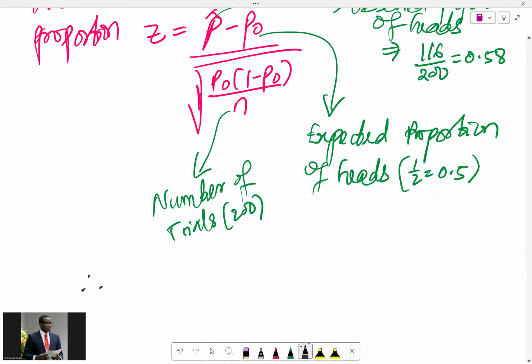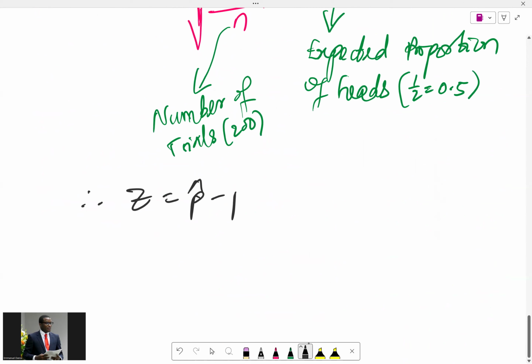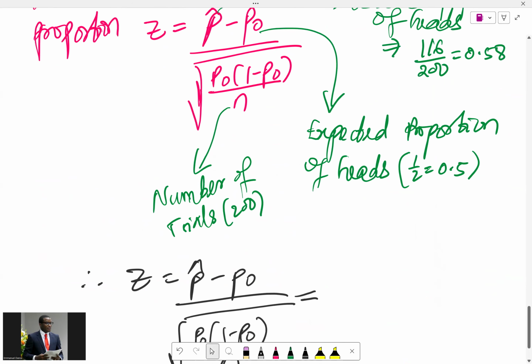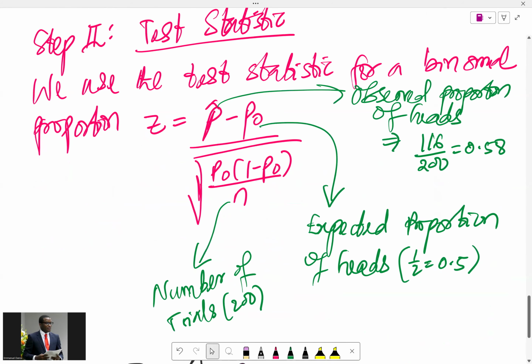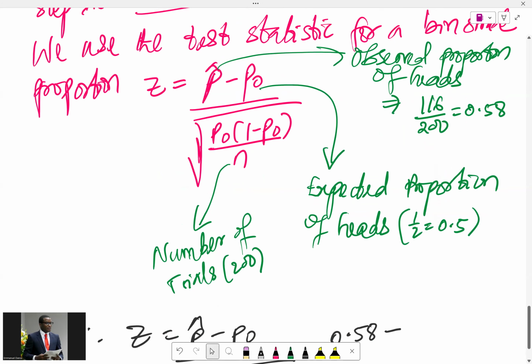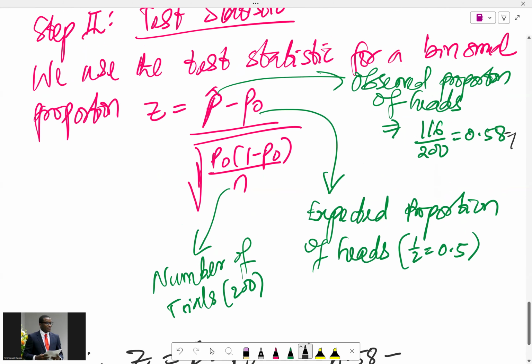Therefore Z, which is P cap minus P naught divided by square root of P naught times 1 minus P naught divided by N. P cap is 0.58, minus P naught, which is 0.5.